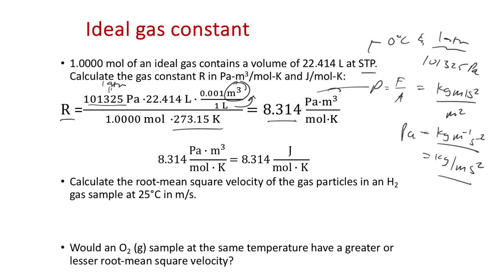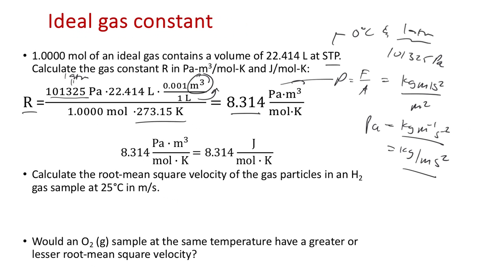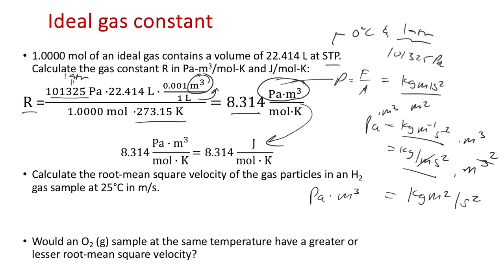If we rewrite Pascal times cubic meter, multiplying by cubic meters cancels out to leave square meters, so a Pascal times a cubic meter is equal to kilogram meter squared per second squared. If I just said you can convert this unit into a joule, you might just believe me, and that's fine, but do you recall that this is 1 joule?